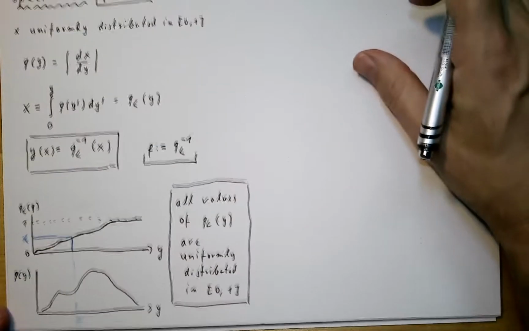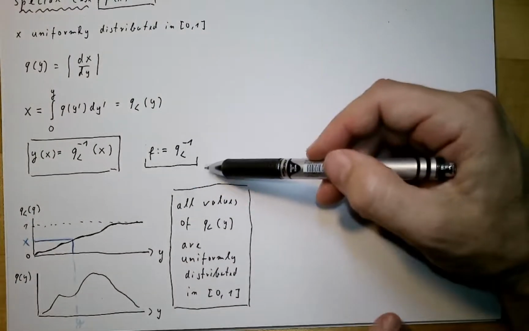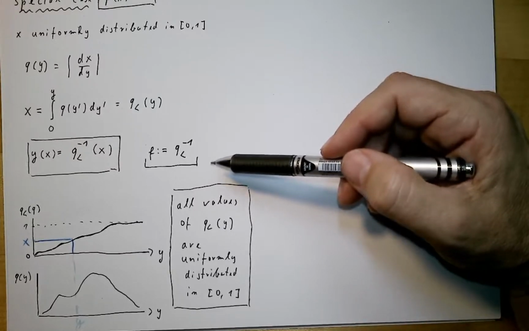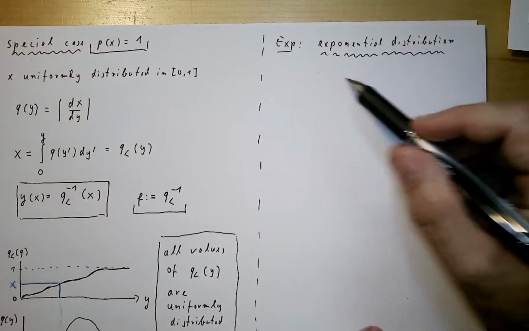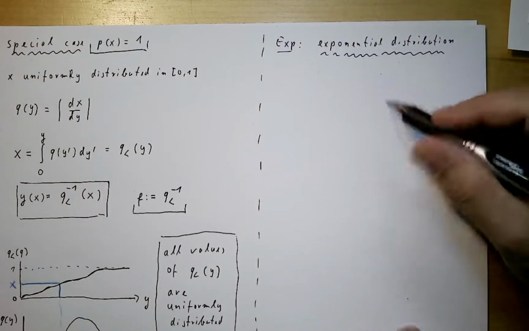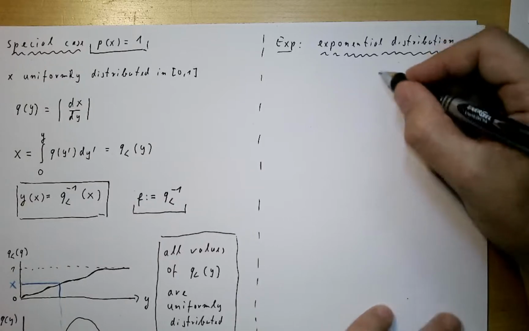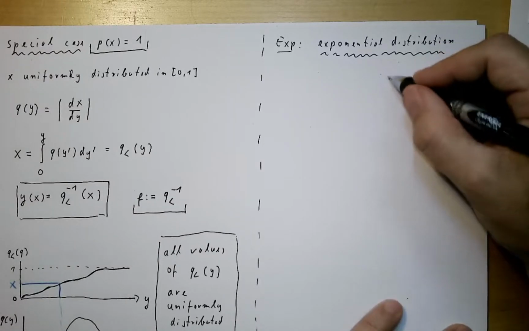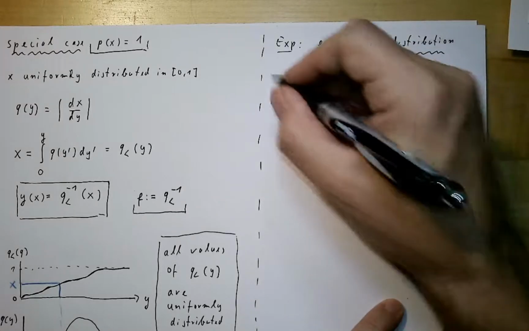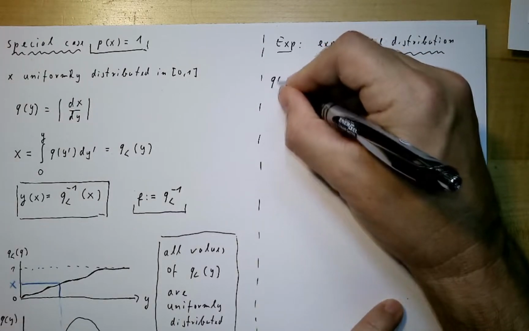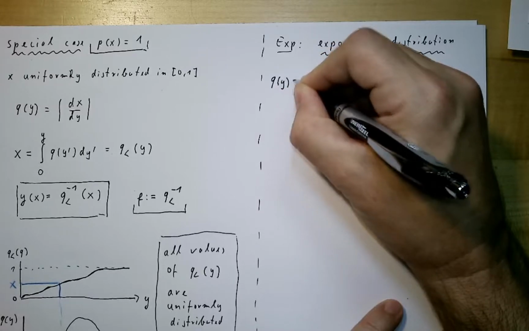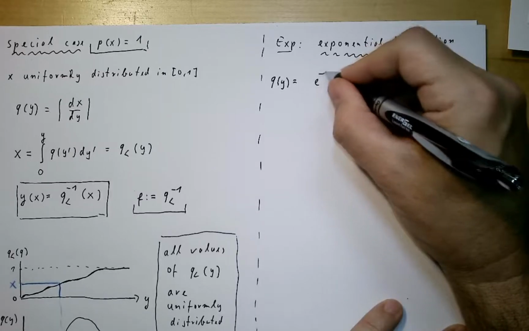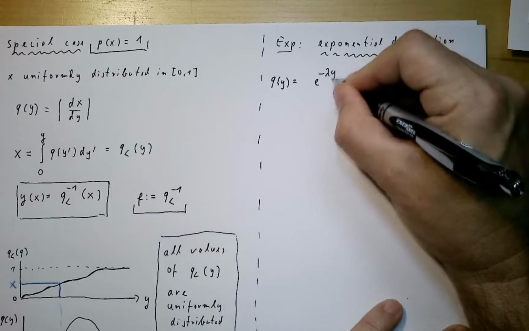Okay, so now we have seen the algorithm. Let's use this in a special example. And this example is the exponential distribution. Let's say we want to generate random numbers which are distributed by an exponential. So we want to have, let's write it, q of y equals a constant times e to minus lambda y.